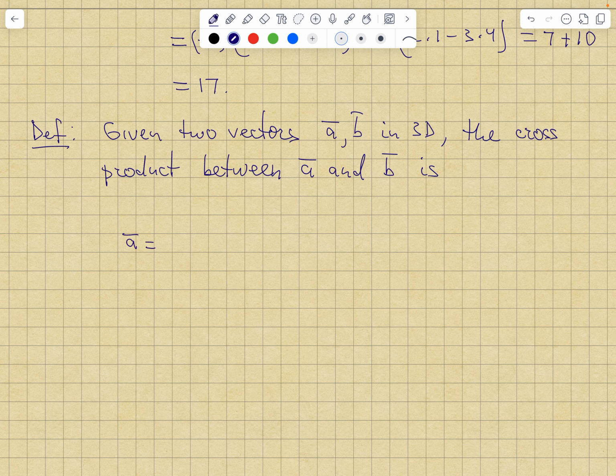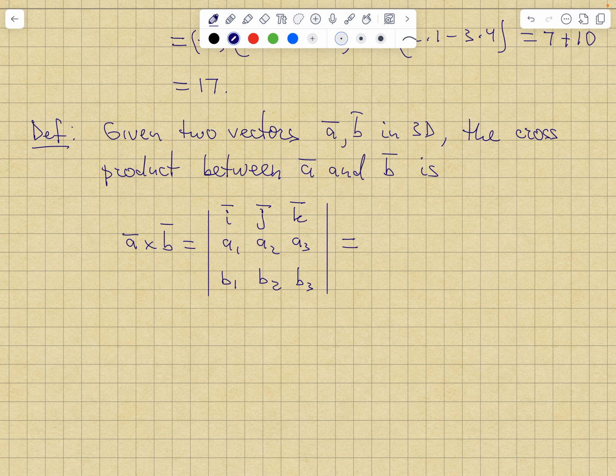A cross B is equal to the determinant. The funny thing about this determinant is its first row is going to contain the basis unit vectors i, j, and k. Then the components of vector A, and the last row are the components of vector B.